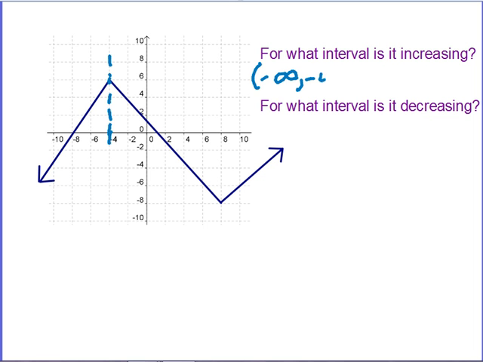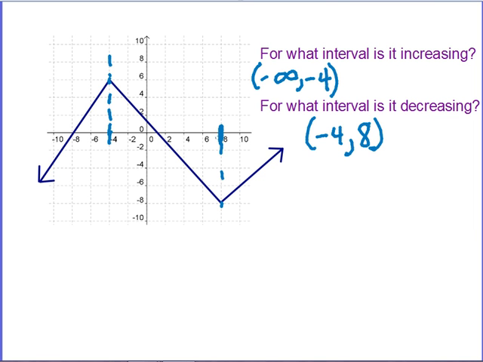So I'm going to say from negative infinity to negative 4, this was increasing. Starting at negative 4 moving forward, my graph is now decreasing. So from negative 4 to what point? My graph stops decreasing right here, which has an x value of 8. So between negative 4 and 8, my graph is decreasing.